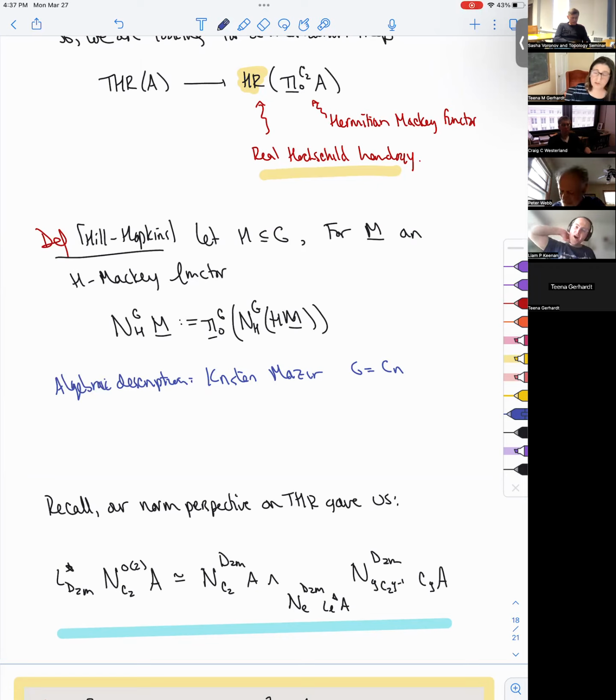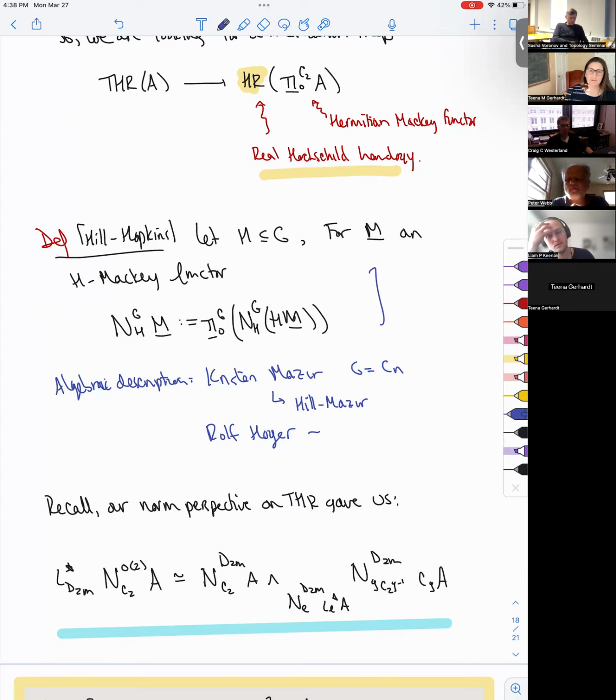She constructs really explicitly, with formulas, what this is. She did this in her thesis, and I think the actual published version is joint with Mike Hill, so Hill and Mazur. And then Rolf Hoyer, also in his thesis, gave characterizations of this as well that don't go through topology.